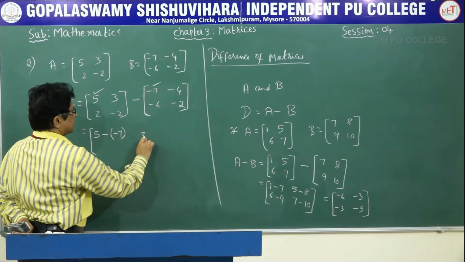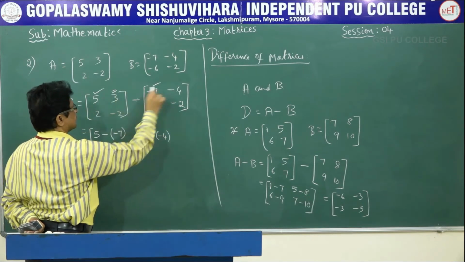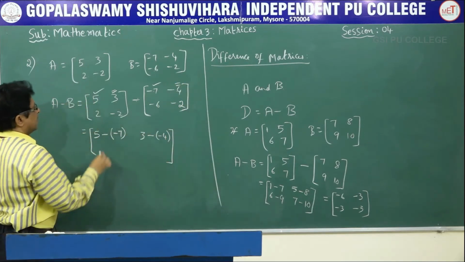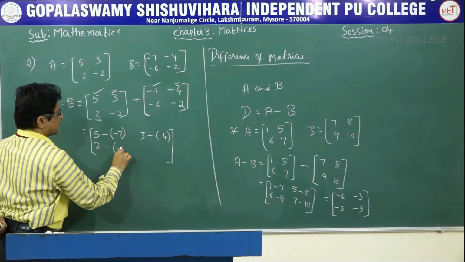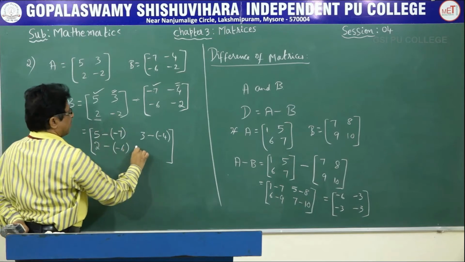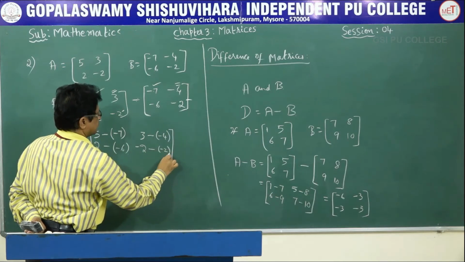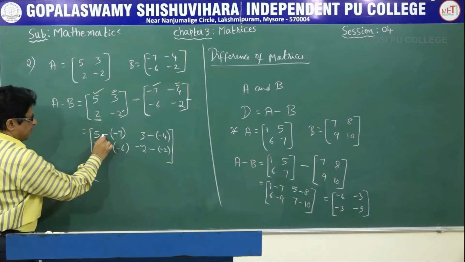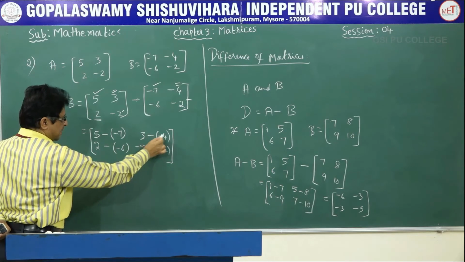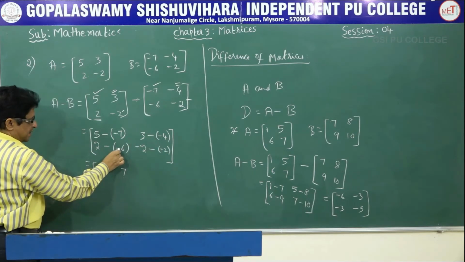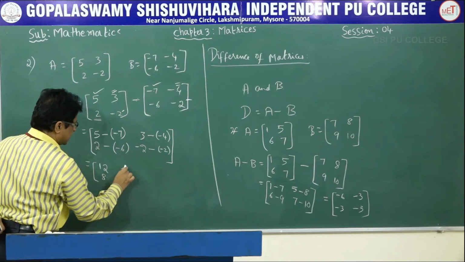Next element is 3 minus of minus 4. Next, here it is 2 minus 6, minus 2 minus 2. That is equal to 5, minus into minus plus, 5 plus 7, 12, minus into minus plus, 3 plus 4 is 7, minus into minus plus, 2 plus 6 is 8. So, minus 2 plus 2 will get 0.